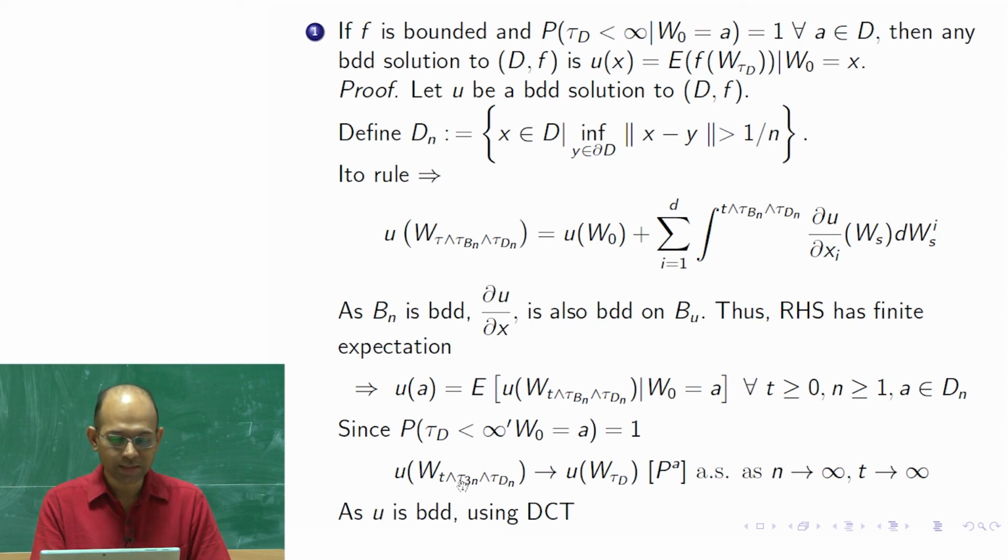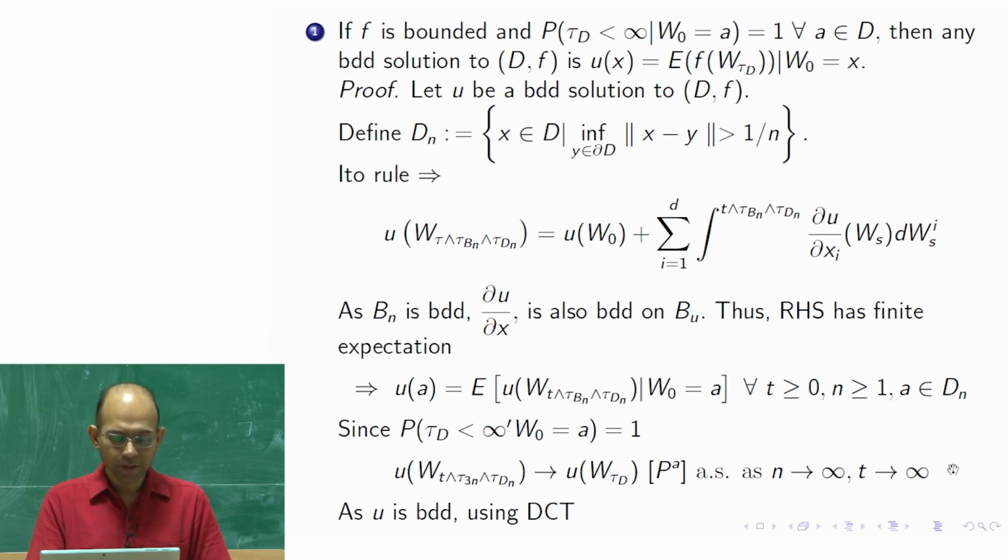As n tends to infinity, this random variable converges to u(W_{τ_D}) almost surely. The superscript P is saying that it is the conditional probability where we start at point a. This is not D, this is B_n actually.